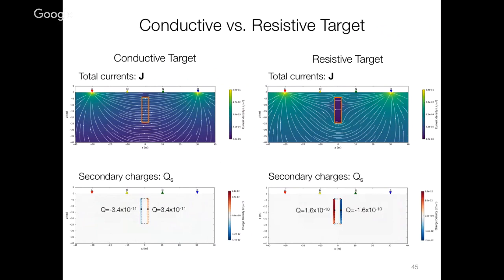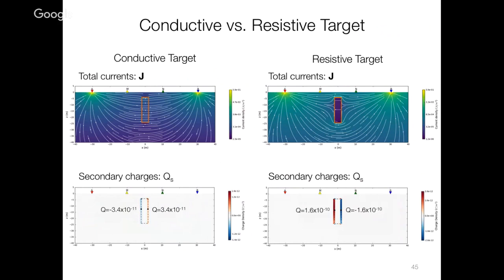I'm sorry, your name was? Julius says the resistor is going to be more influential. And you can see from this picture that it probably is, because the currents can't go through a resistor. Ultimately that ends up making even bigger charges here. Now we've got positive charges here, negative charges there, but these are much bigger.